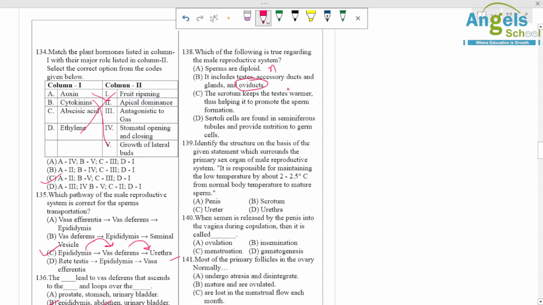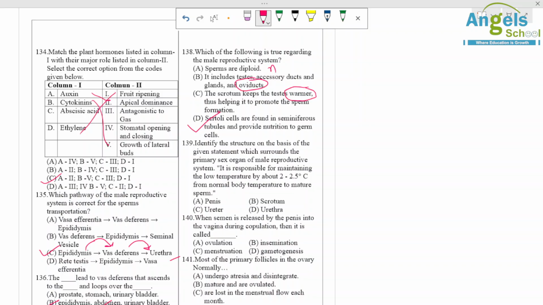Scrotum keeps the testes warmer, thus helping to promote sperm formation: again a wrong option. The scrotum keeps the testes cooler; the scrotum temperature is 2 to 2.5 degrees less than body temperature. So again a wrong option. Sertoli cells are found in the seminiferous tubules and provide nutrition to germ cells. That is the right option. So in 138, option D is correct.